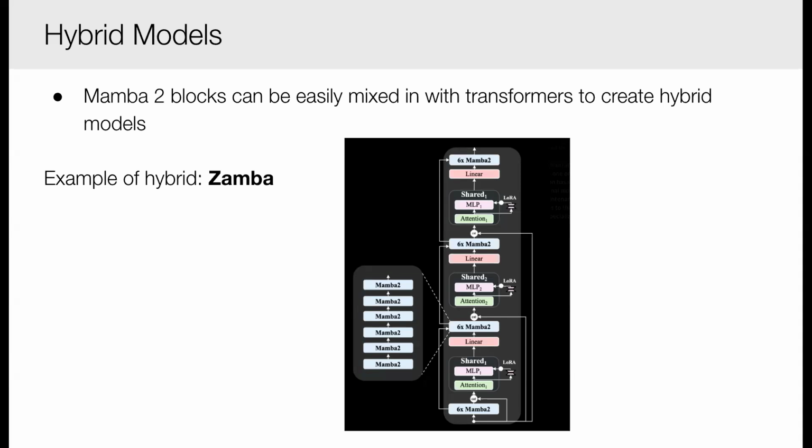For example, one is Samba, as shown in the image here. They replace your normal attention heads with 6 Mamba blocks or Mamba 2 blocks, and they mix it in with attention heads. Hybrid models in general tend to perform a little bit better than some well-known transformers.